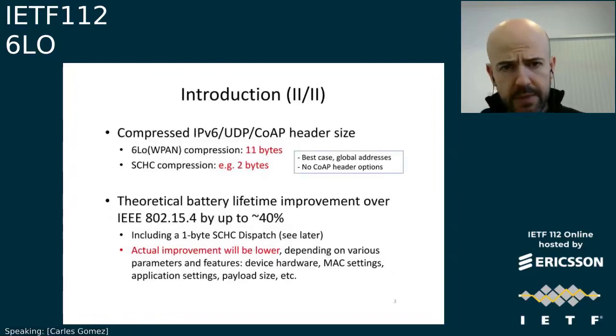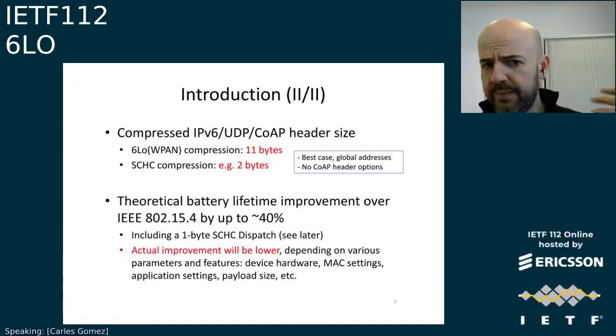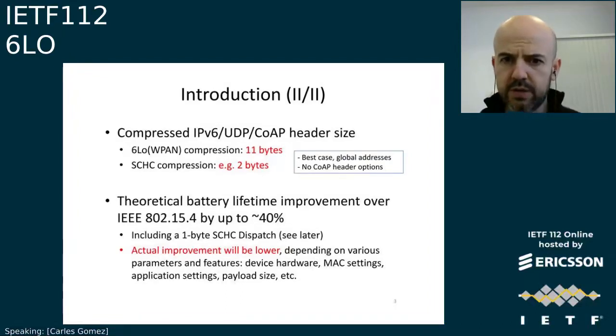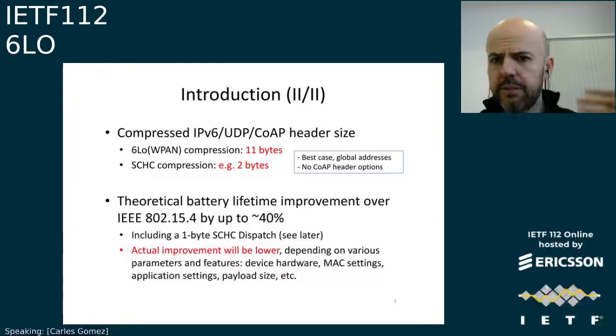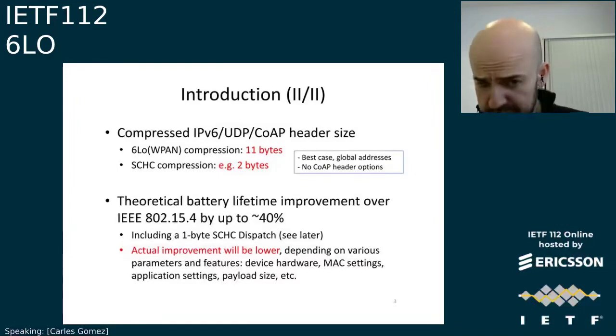So we can give some numbers on the performance that we can get. We may compress the headers of IPv6, UDP, and CoAP down to 11 bytes by using the traditional 6LoWPAN or 6Lo compression, whereas we could reduce those headers down to a size of only 2 bytes with SCHC. This is for both mechanisms, assuming the best case: global addresses and no CoAP header options.